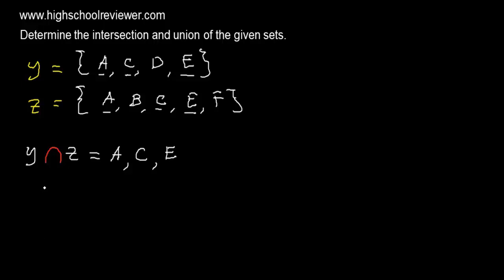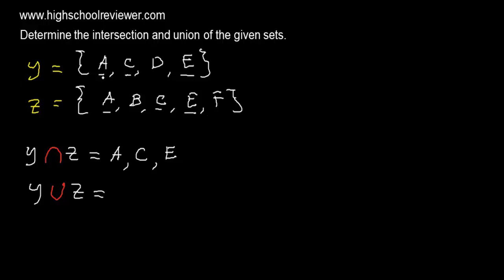And let us now find the union of Y and Z. The union of Y and Z are those elements that can be found in Y and can also be found in Z. If the element is present in both sets, you write only once.